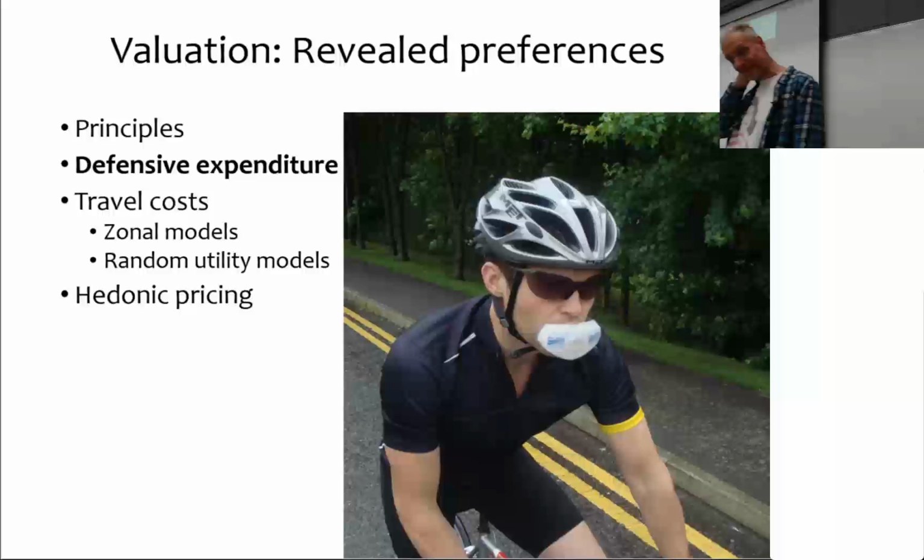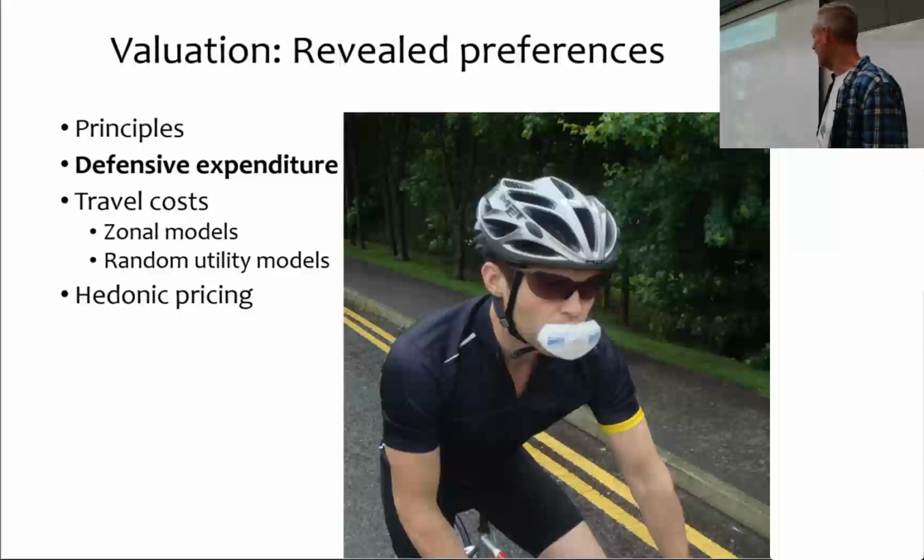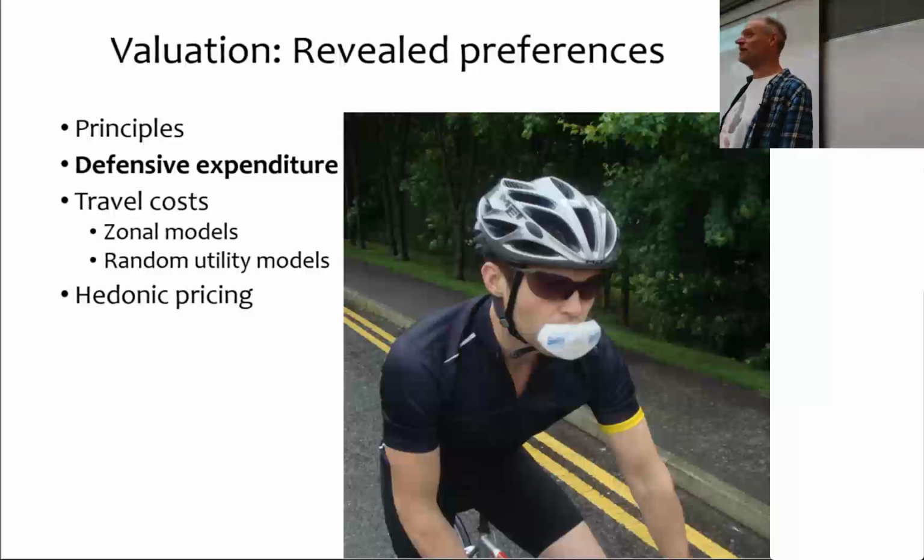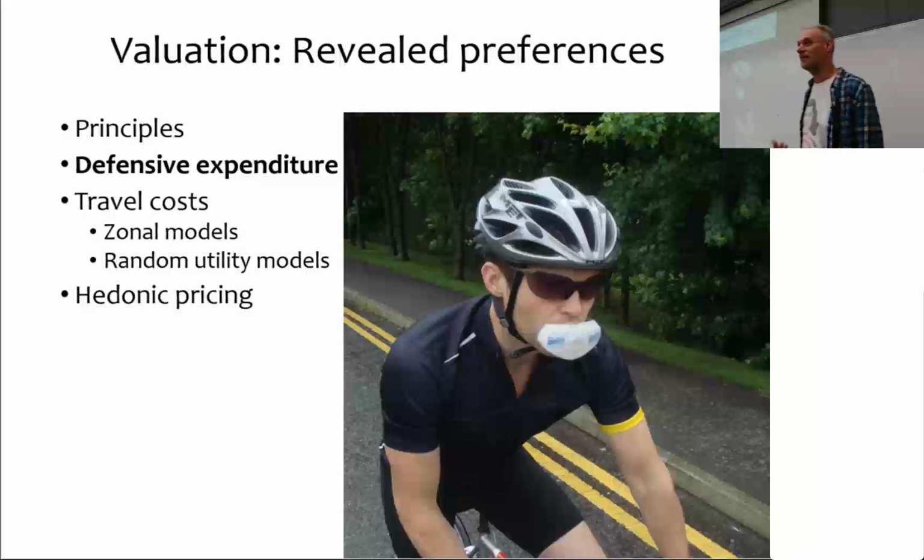Now let's look at these three methods or these three groups of methods in turn, starting with defensive expenditure. And start straight away with an example, right? This guy on the bike has an air filter in his mouth. I've never worn one of these things, but I can assume that he's not doing this because it increases the pleasure of his cycle.